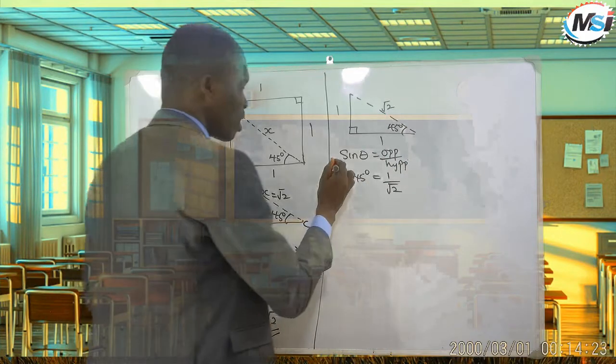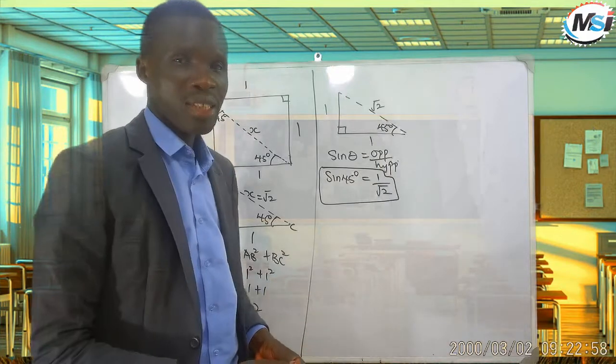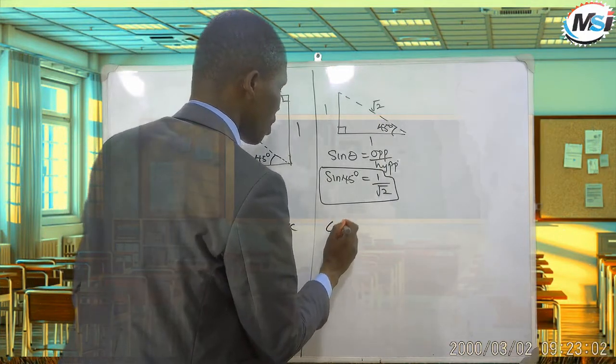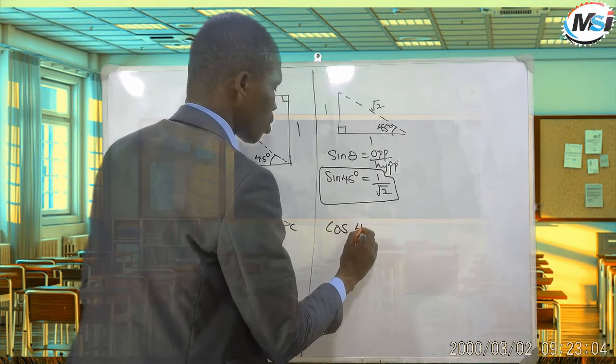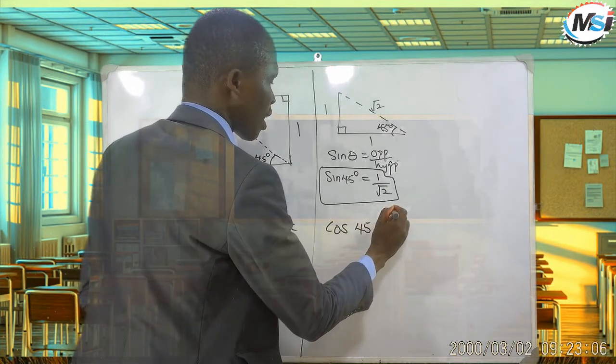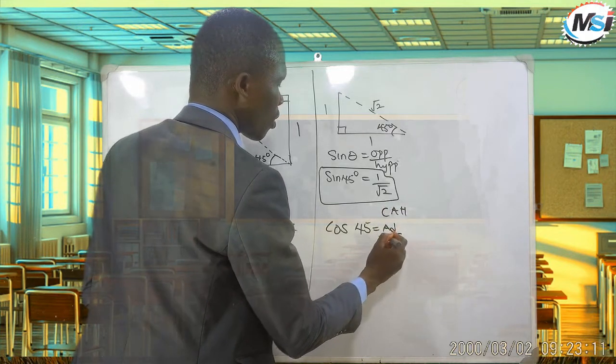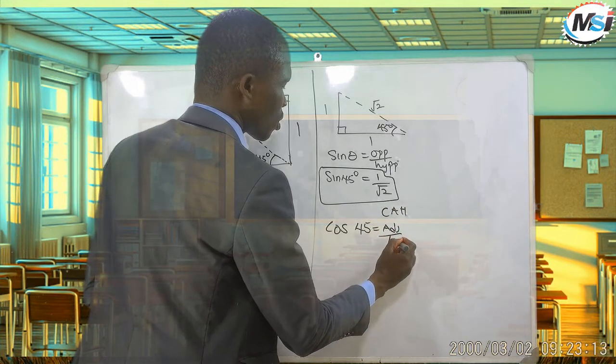Now, take note of this. Now, we want to find cos 45. Let's continue from here. Remember, cos is adjacent all over hypotenuse.